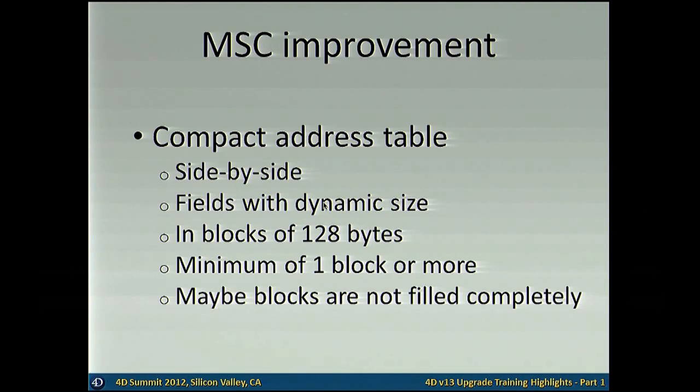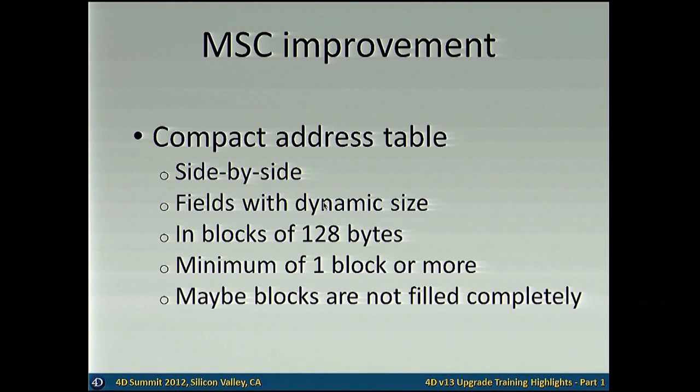Normally in a newly created data file, you have all records packed side by side. But also in a new data file, you can have holes inside the data file or between the records, because 4D stores records in blocks of, for the moment, 128 bytes, but don't rely on this number. It can change in the future, or it can be optimized.